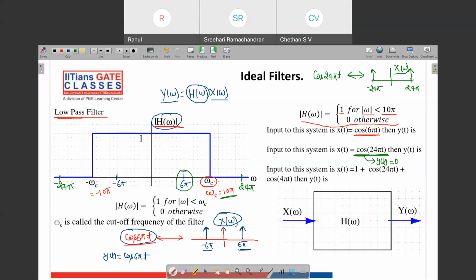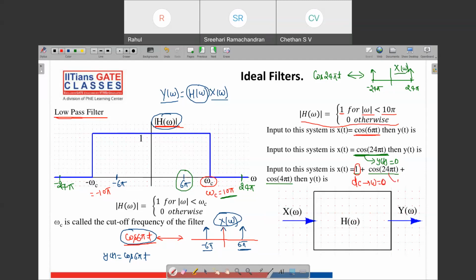Now let me take an example in which we have a signal composed of multiple signals. We have 1, we have cos 24 pi t, and we have cos 4 pi t. This 1 is a DC signal, or a constant, which means omega equal to 0.